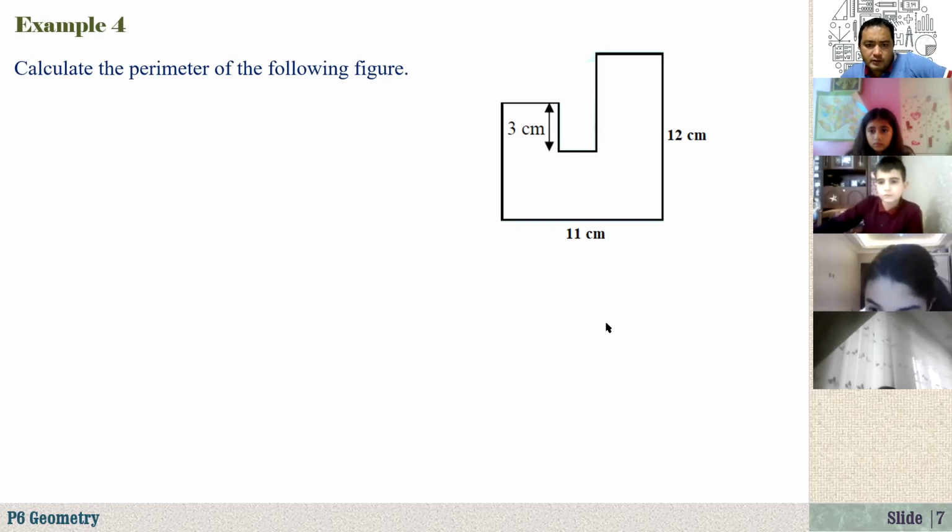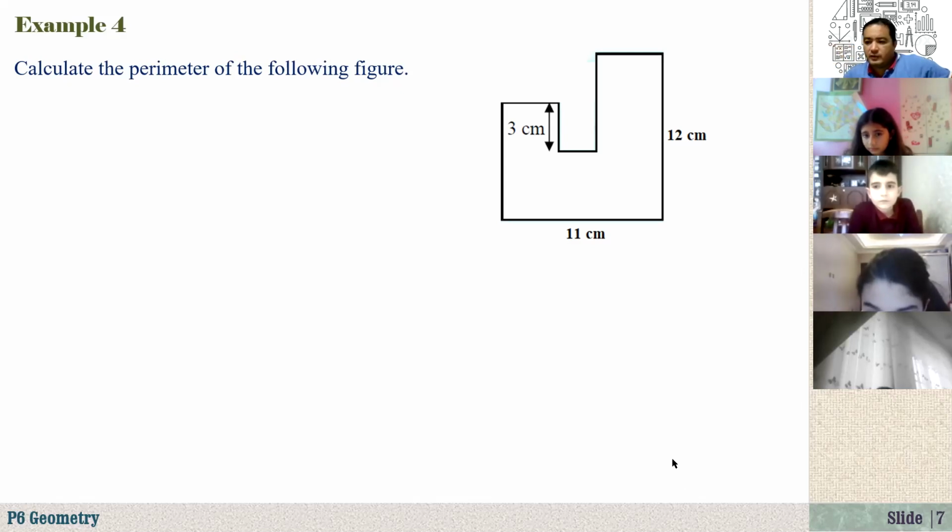Yes, Ilkin, your answer is 52. Let's see. Yes, Ilkin, your answer is correct. Good. How about the others?